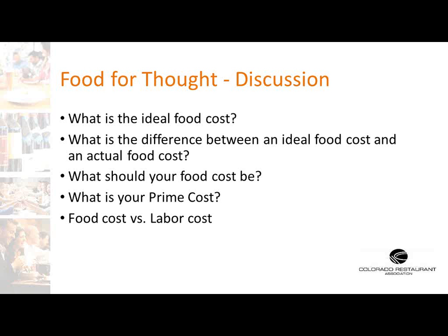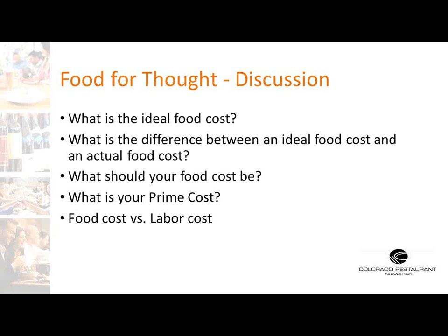So the steakhouses can get by with a high food cost because they can get by with less labor in the kitchen. But the fine dining place that's making everything from scratch, even if they're just paying people minimum wage, they've got way more bodies in there than the steakhouse does. And so they've got to run a lower food cost to compensate for that higher labor cost. Okay? This next question, what is the difference between an ideal food cost and an actual food cost?